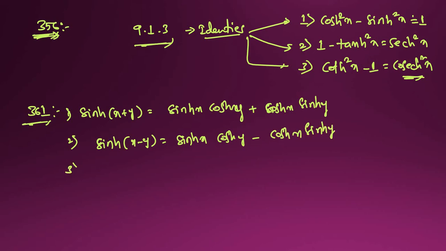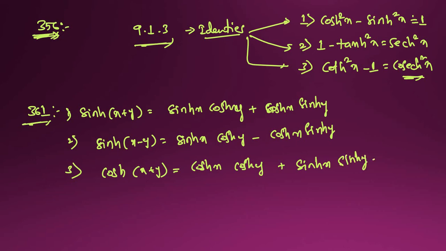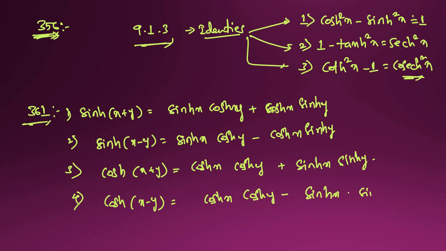The third one is cosh of x plus y. It will be cosh x cosh y plus sinh x sinh y. And the fourth one, cosh of x minus y, is equal to cosh x cosh y minus sinh x sinh y.